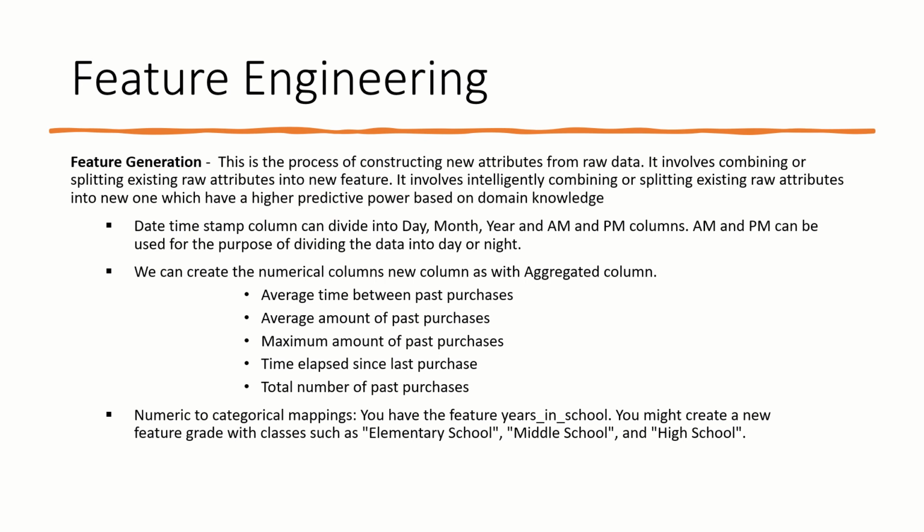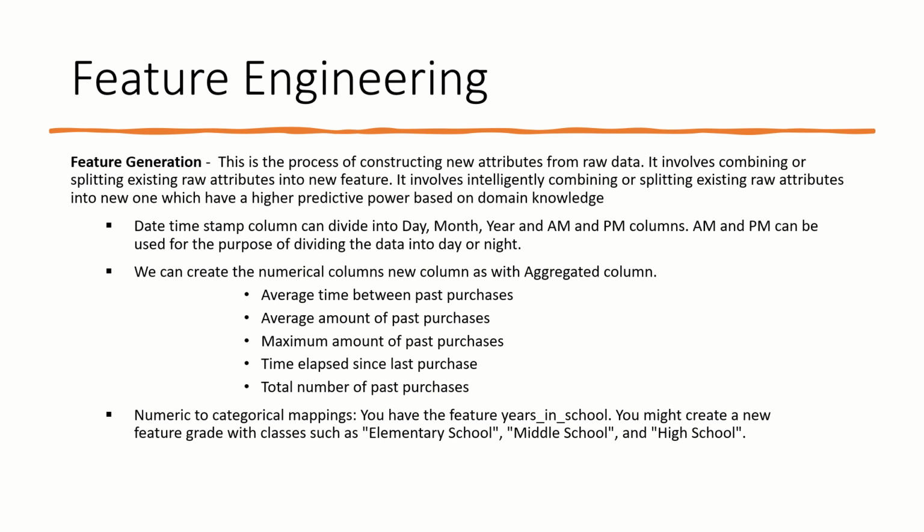Feature generation. This is a process of constructing new attributes from the raw data. So we are able to obtain new features either by combining other features or by splitting one feature into multiple features.